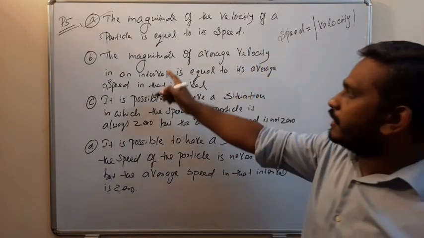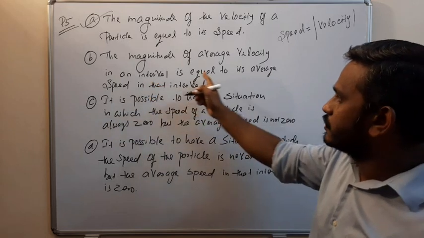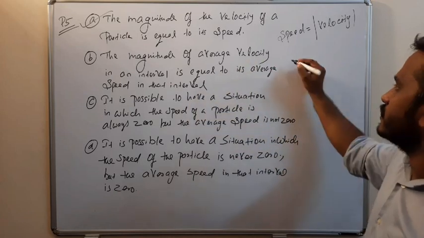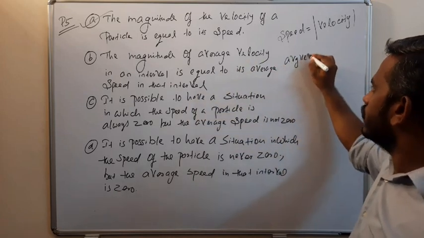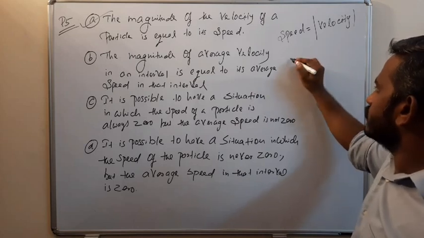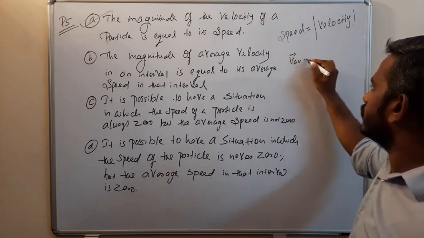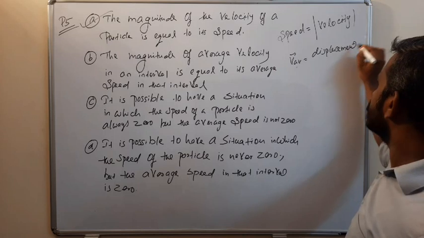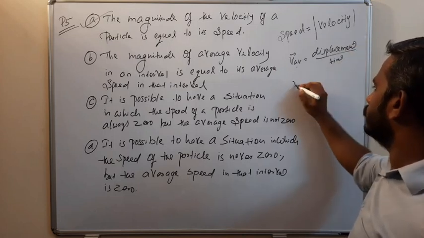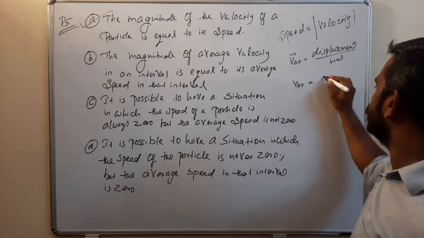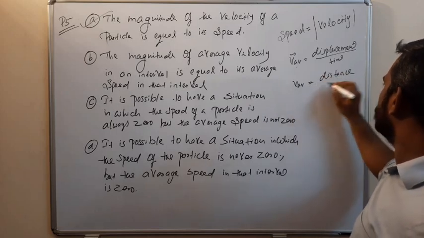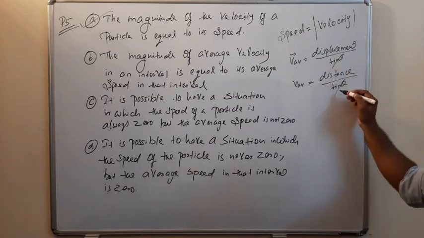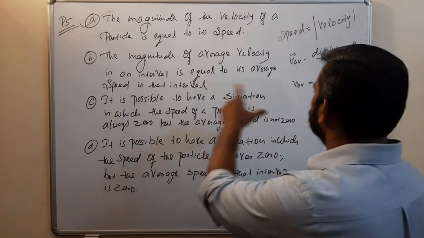The second point: the magnitude of average velocity in an interval is equal to its average speed in that interval. What is average velocity? Average velocity vector is equal to displacement by time. Average speed is equal to distance by time. We can neglect the time because in that particular time interval the time is the same.